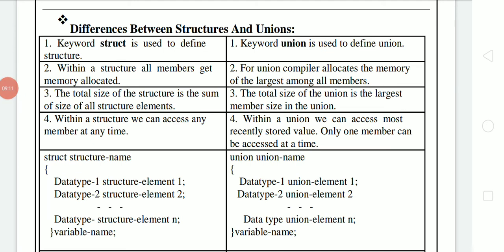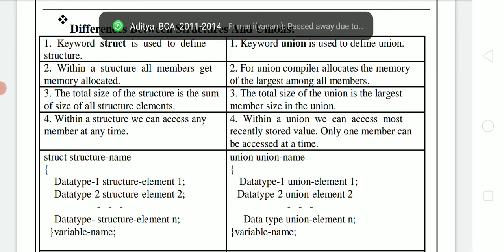Now here we can see the difference between structures and unions. The keyword struct is used to define structures, and in unions the keyword union is used to define a union. Within a structure all members get memory allocated.